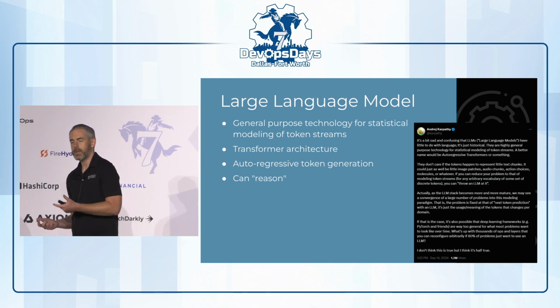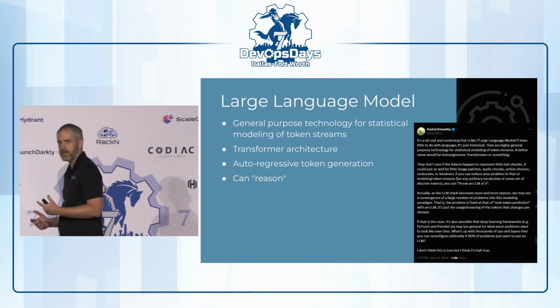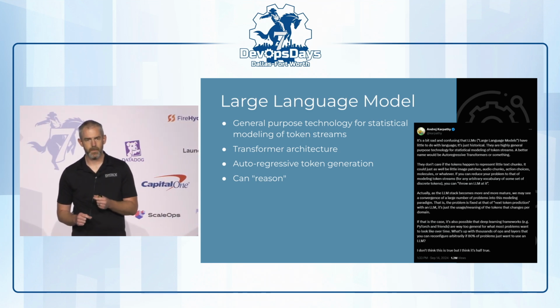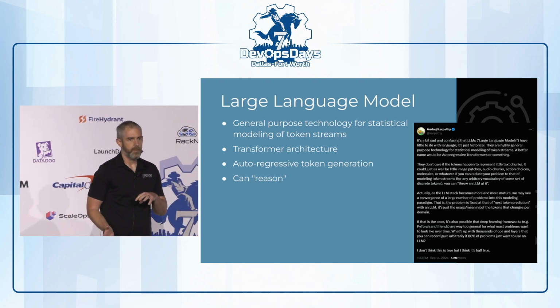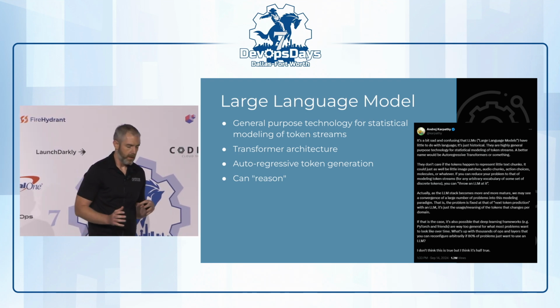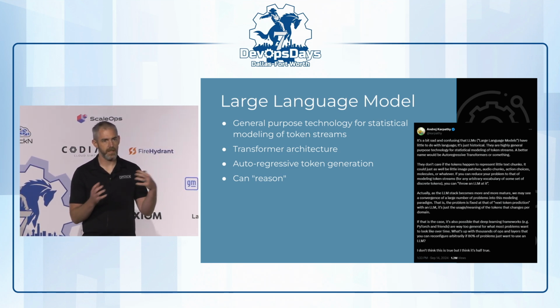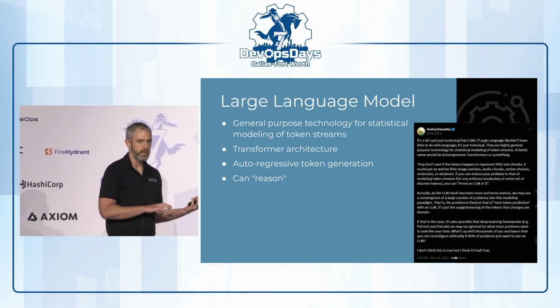So what is a large language model? A large language model is a general purpose tool for statistically modeling token streams. It uses a transformer architecture and an attention mechanism to understand the input text, and then an autoregressive token generation mechanism to spit out output.